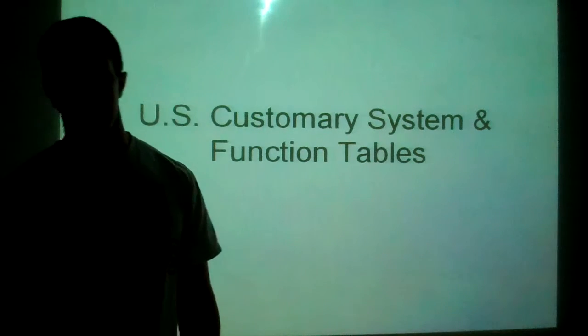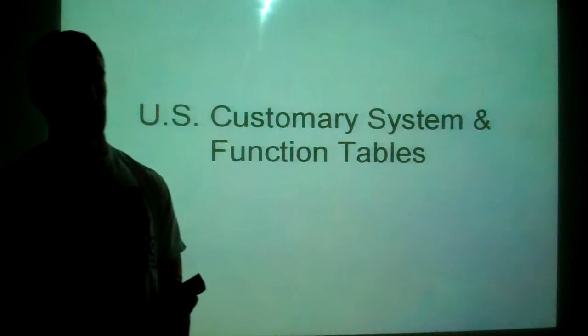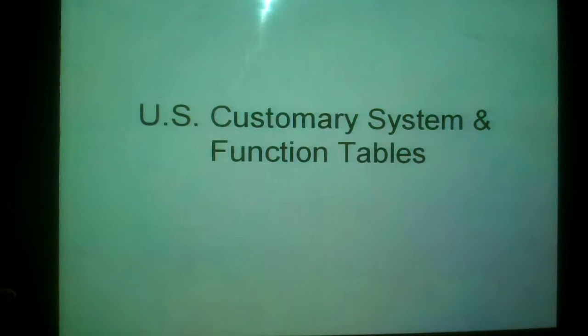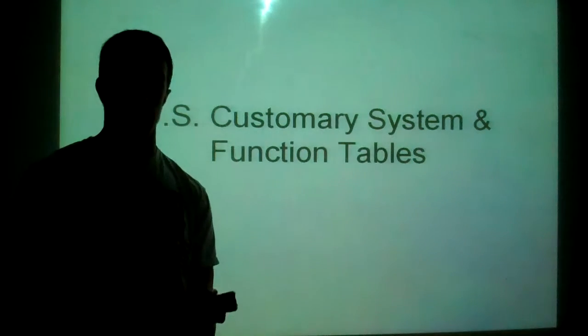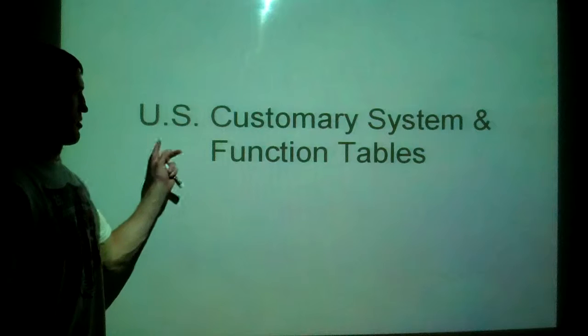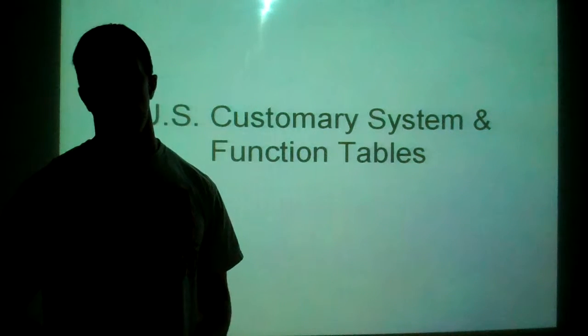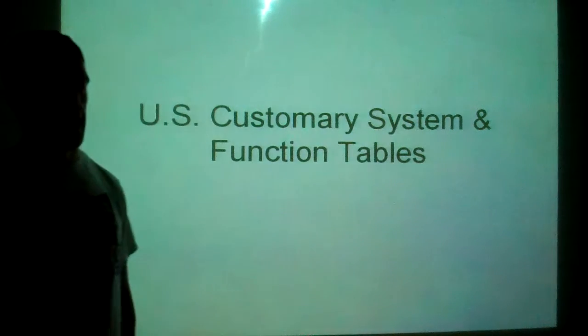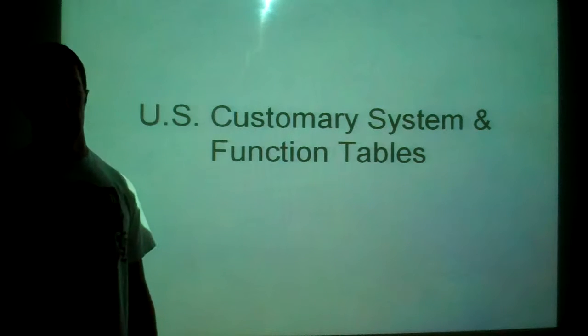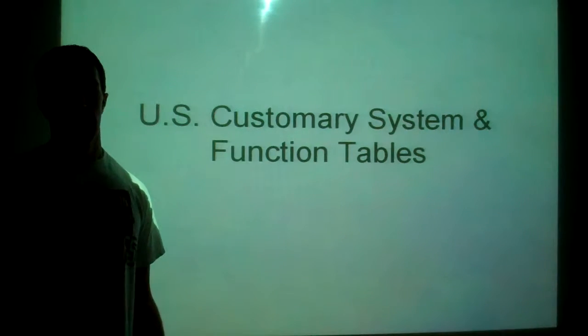This is lesson 16 for 7th grade, and today we're talking about the U.S. customary system and some function tables. The U.S. customary system refers to our U.S. system of measurement, so capacities, lengths, weights, stuff like that. We're going to see examples of how to convert back and forth.